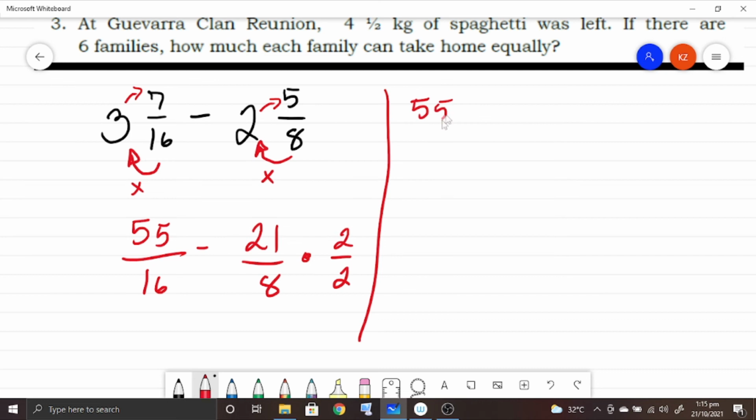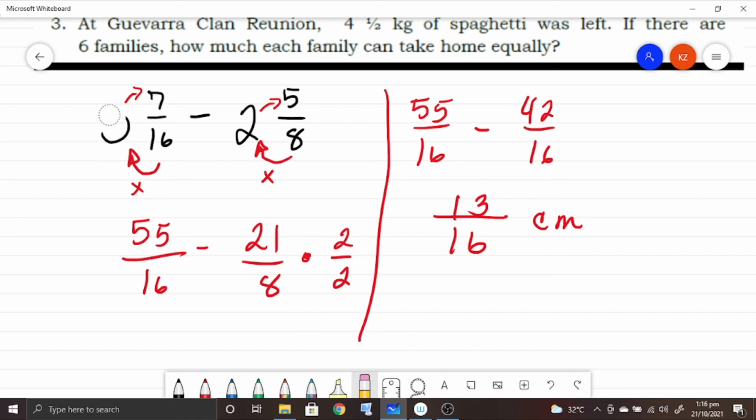So 55 over 16 minus 42 over 16. Ayan, pwede na. So, ang sagot natin dyan, 5 minus 2 is 3. 5 minus 4 is 1. Okay, so, meron siyang natirang 13/16 centimeters of wire. Okay?